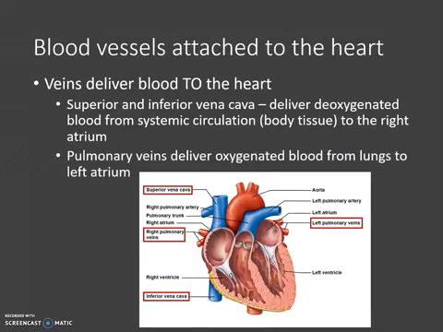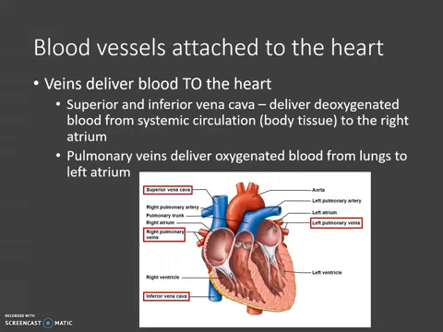Now, we're going to take a look at some of the major blood vessels that are directly attached to the heart. And before we do so, we have to talk a little bit about the difference between veins and arteries. So veins always deliver blood to the heart, and arteries always carry blood away from the heart.